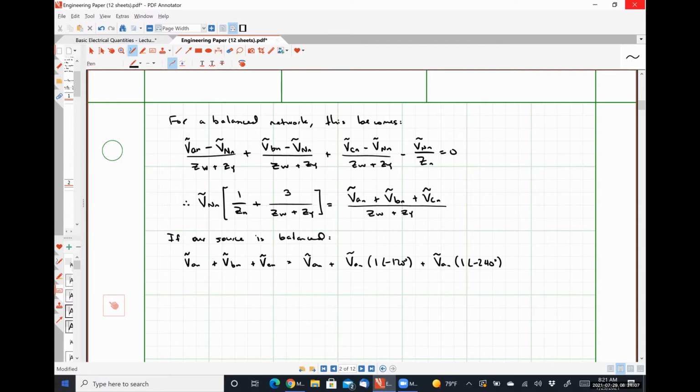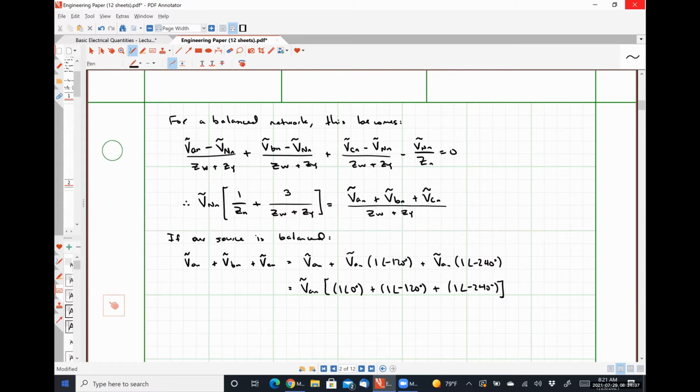So my C phase is 240 degrees behind my A phase. Or VAN multiplied by 1 angle 0 plus 1 angle negative 120 degrees plus 1 angle negative 240 degrees.